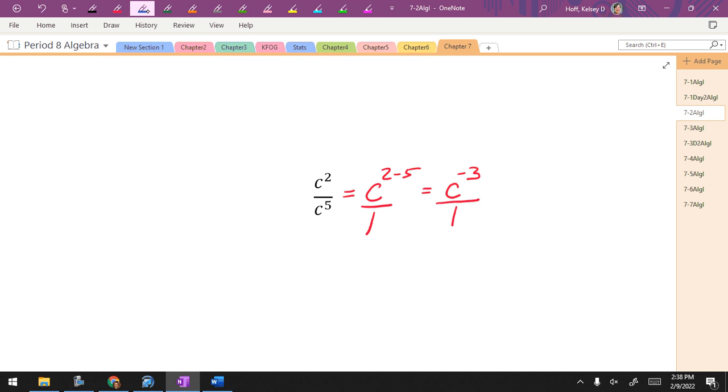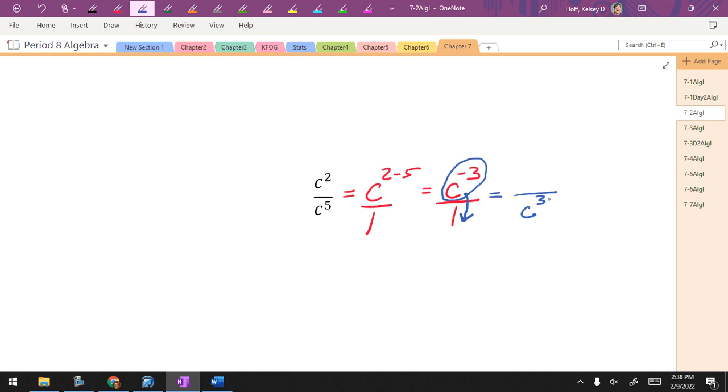To get rid of the negative exponent, you take the negative exponent and its base, and you drag it across that fraction bar. Meaning, if it's negative and in the numerator, it needs to go to the denominator. If it's negative in the denominator, it needs to go to the numerator. Once you drag it across there, your base is still c, but your exponent becomes positive.